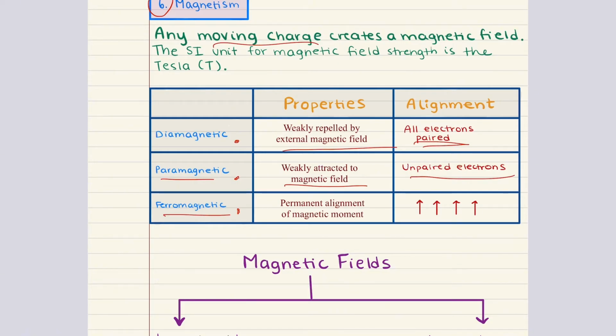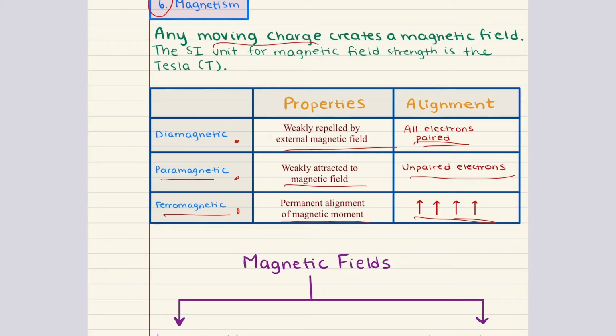Last, we have ferromagnetic materials. They exhibit the strongest magnetic behavior. In these materials, the magnetic moments of unpaired electrons can align in the same direction even without an external field.